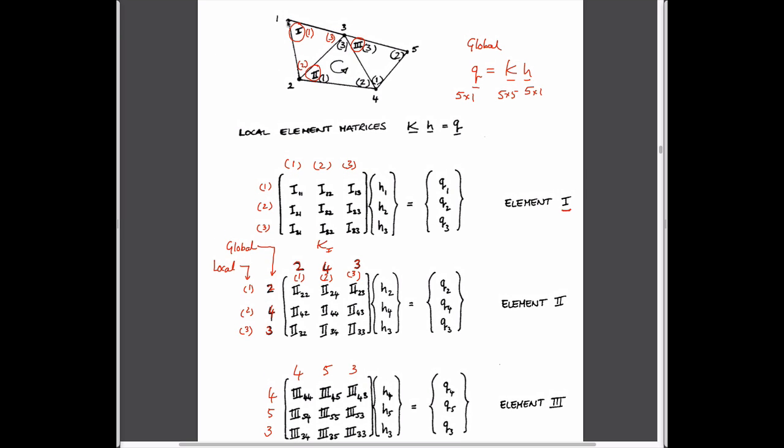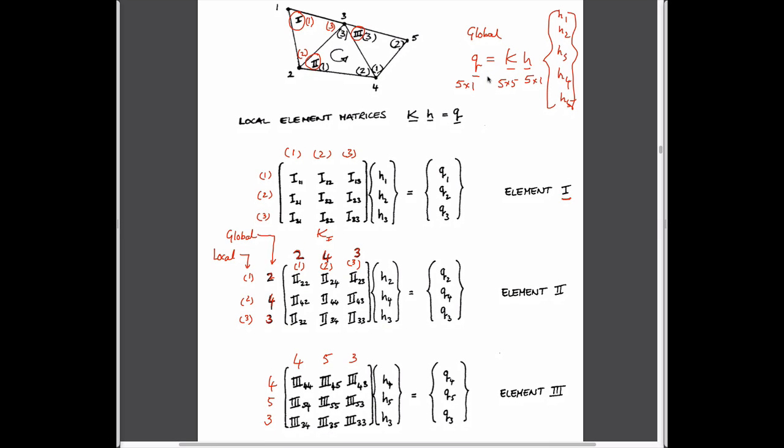We have 5 nodes, 1, 2, 3, 4, 5. There'll be 5 values of heads, H1, H2, H3, H4, and H5. And those will be linked in some way to 5 values of fluxes, Q1 through 5. And the shape of the matrix that has to link those has to be a 5 by 5 matrix to be able to do that.